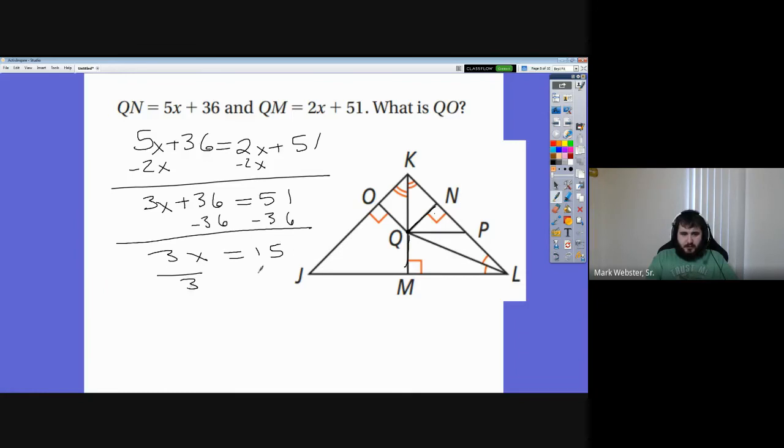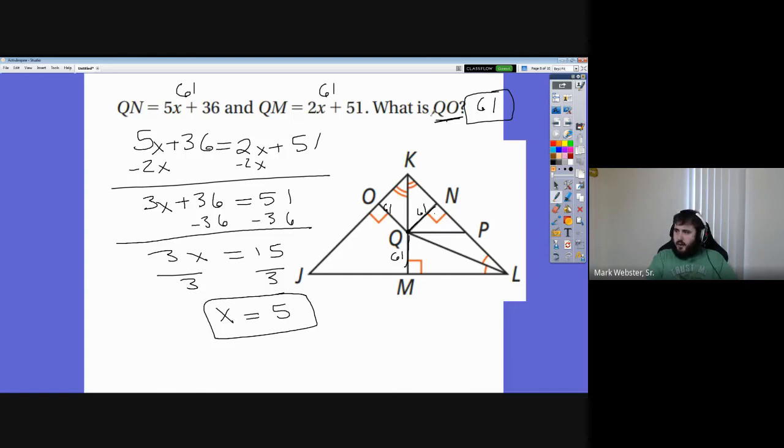Then divide both sides by 3. And so we're going to double check our work. Plug it in. 25 plus 36 had better be 61. 10 plus 51 had better also be 61. Hey, we know that what we've done is right. QM, 61. QN, 61. We want to know what QO is. Well, it had also better be 61.